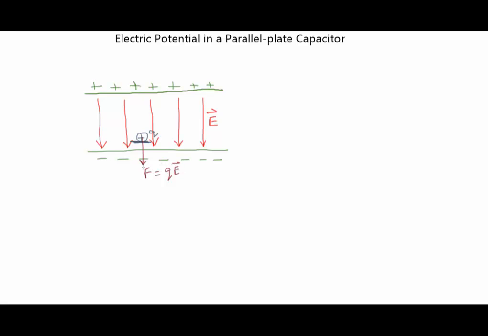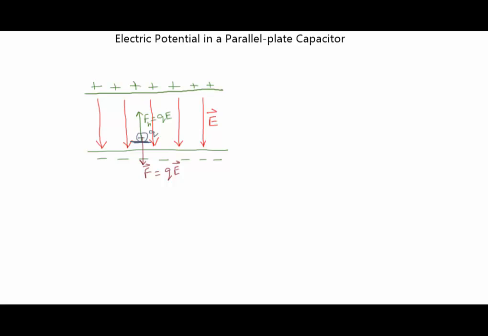And because the charge is positive, the direction of the force will be the same as the direction of the electric field, so down in this case. In order to counter that, the force my hand would have to apply on the charge would be equal in magnitude and opposite in direction. So the force of the hand would also have to be Q times E, but in the upward direction.